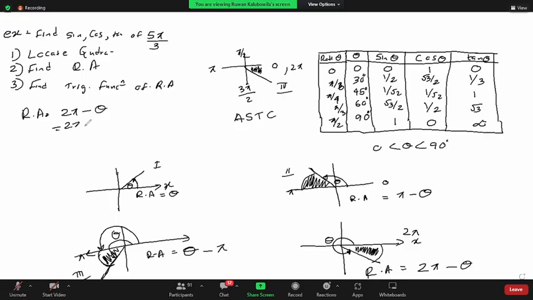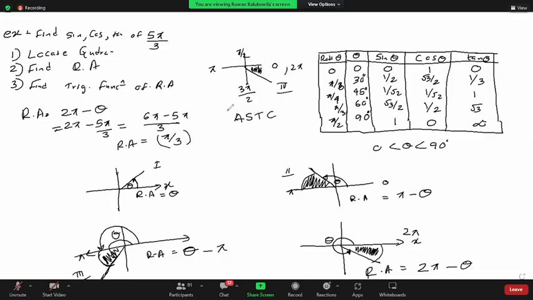Let's apply 2π minus 5π over 3. That means 6π over 3 minus 5π over 3. Right. Now we have a reference angle, π over 3. Right. Okay, good.